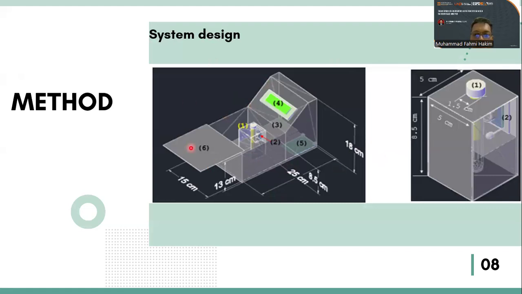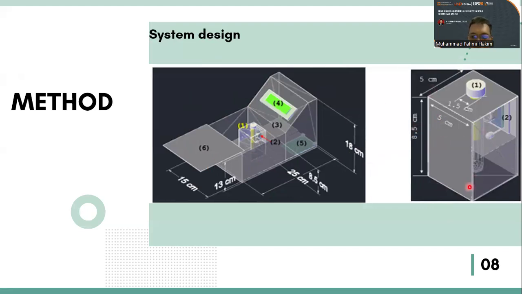The figure on the left side shows the whole shape and dimensions of the housing for placing components, and the figure on the right side shows the shape and dimensions of the tube chamber inside the system.